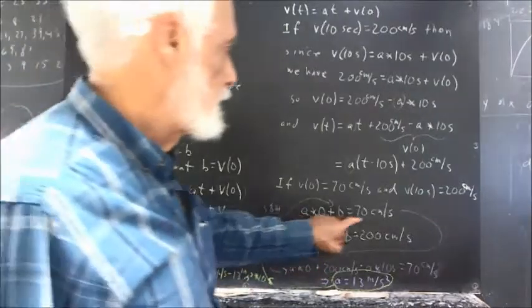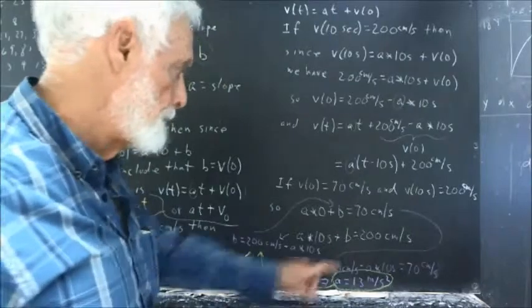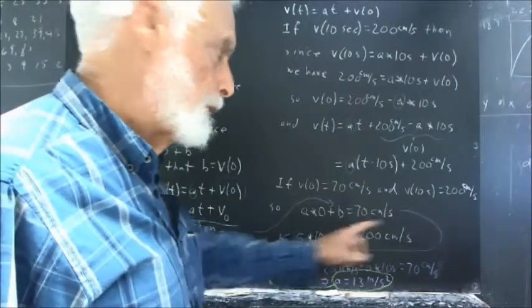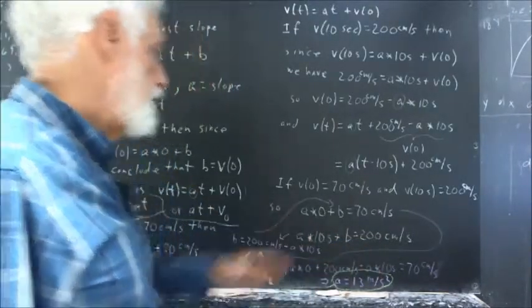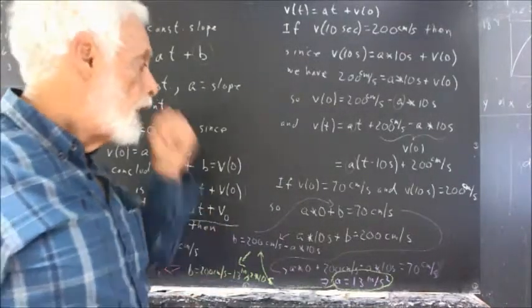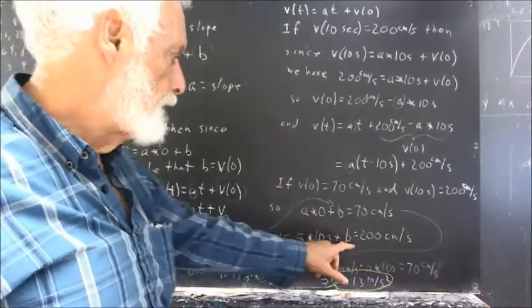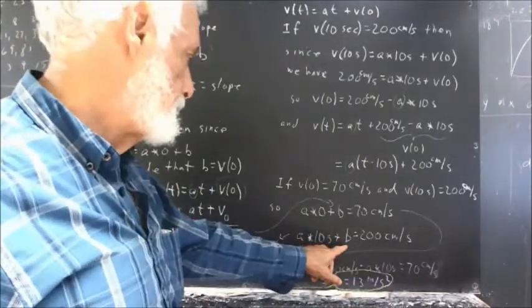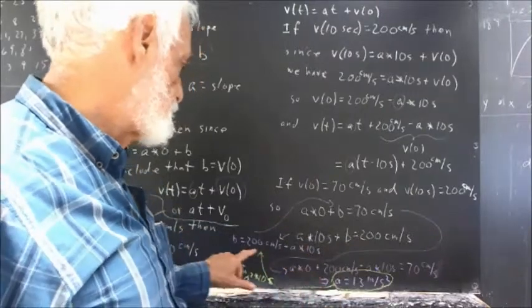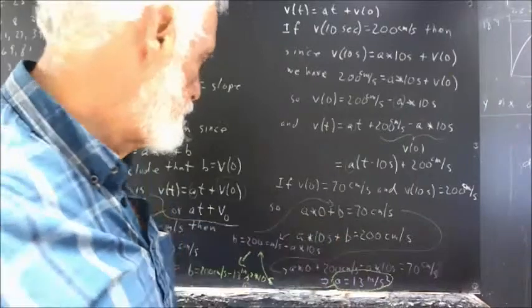Now I could have solved the first equation for b equals 70 centimeters per second and plugged that in here and very quickly been able to solve for a. I'm going to go the other way around, not because that's what we would really want to do here, but again because it's more illustrative. Solving this equation for b, I get b equals 200 centimeters per second minus a times 10 seconds, and that's very obvious.